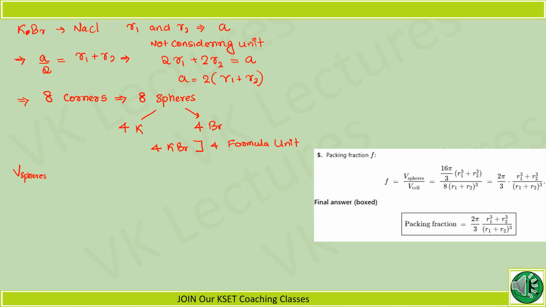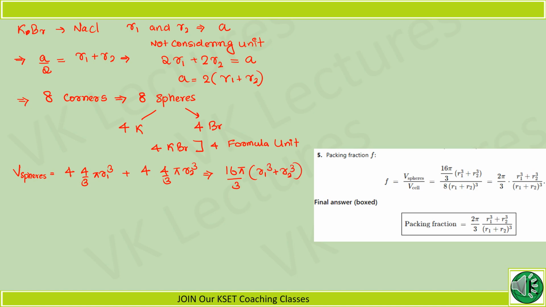So let's calculate the volume of spheres. The volume is 4 times 4 by 3 pi R1 cube plus 4 times 4 by 3 pi R2 cube, and here we can write it as 16 pi by 3 times R1 cube plus R2 cube.